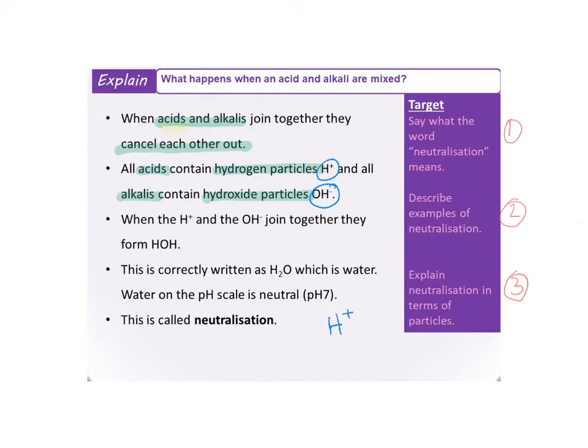And it's got a little plus sign above it. And all that means is that this hydrogen, because it's got a plus above it, it can attract something with a negative, so a particle with a negative above it. So they are charged. They're what we call a charged particle. And another word for a charged particle is an ion.